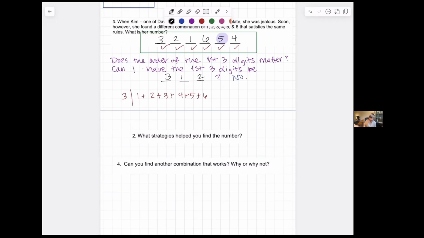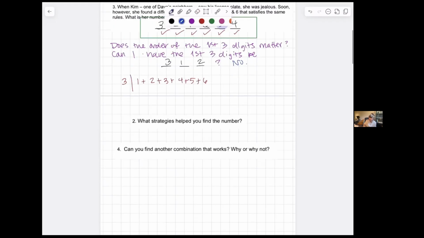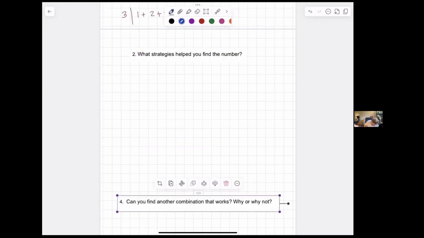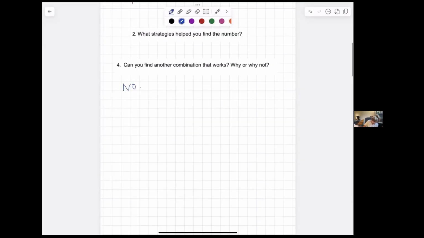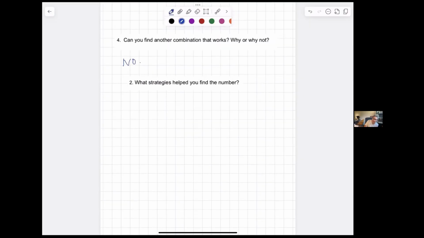Let's talk about strategies here. Can you find another combination that worked? No. So let's just talk about these strategies a little bit.